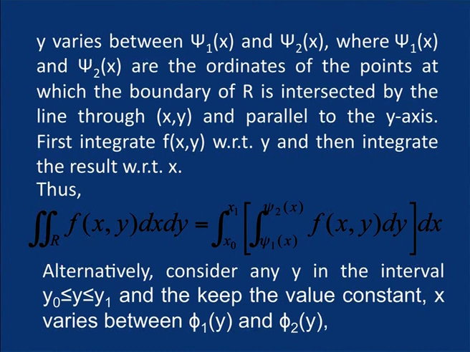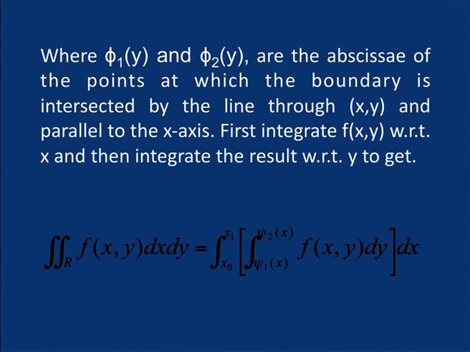Alternately, consider any y in the interval y₀ to y₁ and keep the value constant. x varies between φ₁(y) and φ₂(y), where φ₁(y) and φ₂(y) are the abscissas of the points at which the boundary is intersected by the line through (x, y) parallel to the x axis.